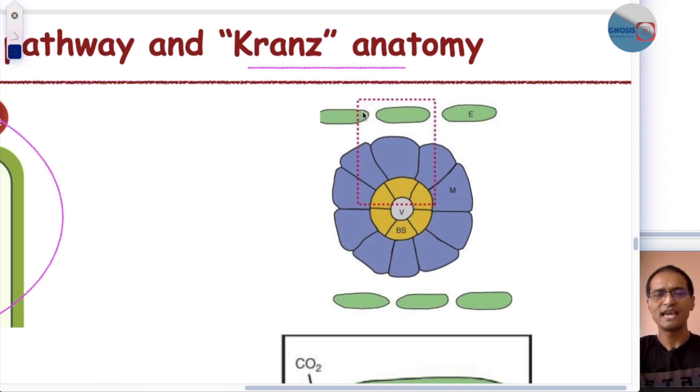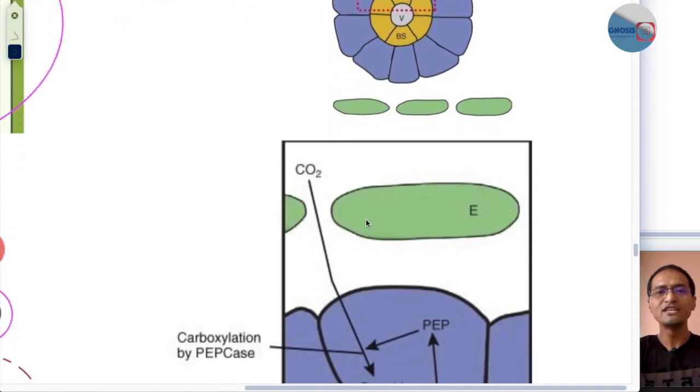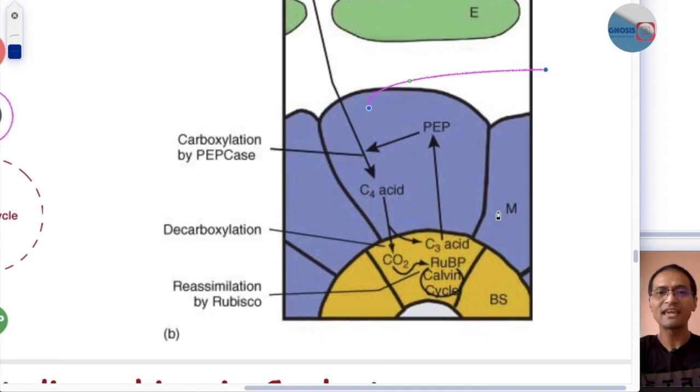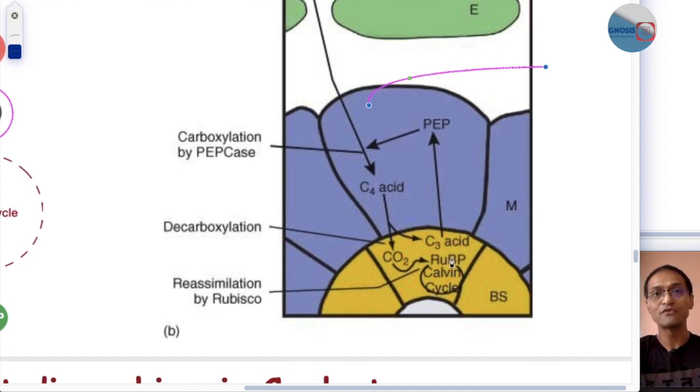Well, what we see is that in the C3 plants, the entire process of the light-independent reaction of photosynthesis takes place in the mesophyll cell chloroplast, or in the mesophyll cells itself. But when you look at the anatomy of the C4 plants, what we begin to see is that the initial process of carbon dioxide fixation takes place in the mesophyll cells, or the chloroplasts present in the mesophyll cells, and the Calvin cycle takes place in chloroplasts which are found in the bundle sheath cells.